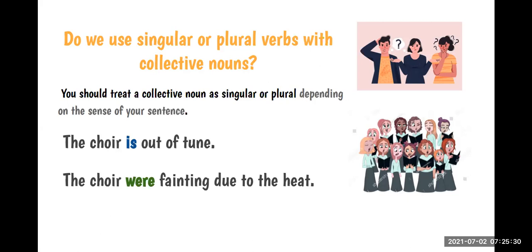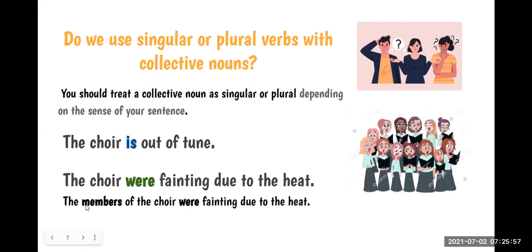But in the second one, we are not talking about this group of people as a group. We are talking about them as individuals. Generally, we use the singular verb for collective nouns. But on special occasions, when you want to specify something, we can use plural verbs. For example, if you don't feel confident or comfortable using were with a collective noun, you can use this: The members of the choir were fainting due to the heat.